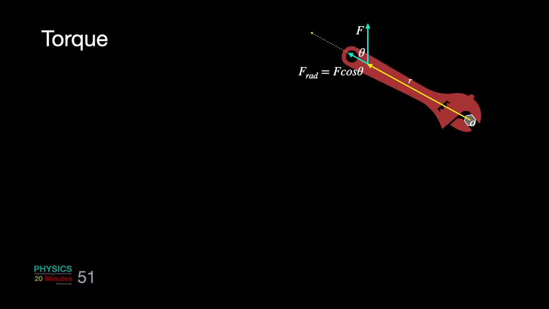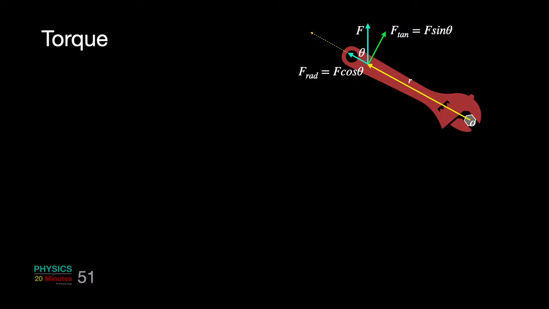Then in that case, the force will have two components. One along R, which I may call the radial component. Remember, if there is a rotation this way, then this line will become the radius or radial line. So the component of the force along this line will be called the radial component, which will be, since this is the adjacent side to theta, F cos theta.